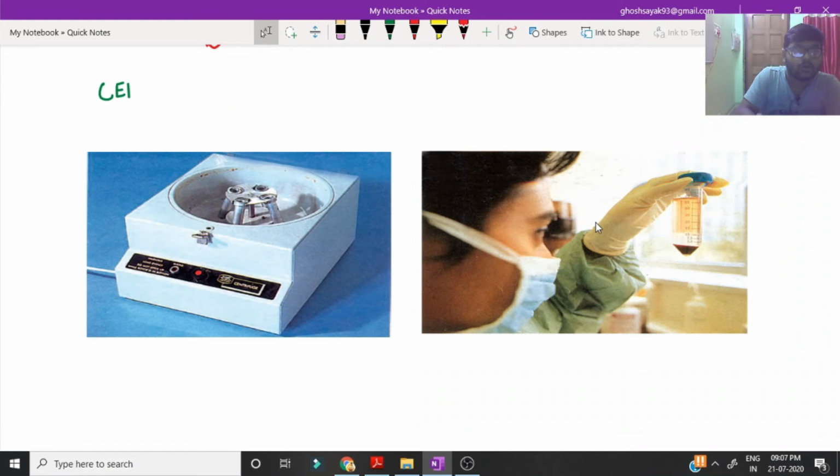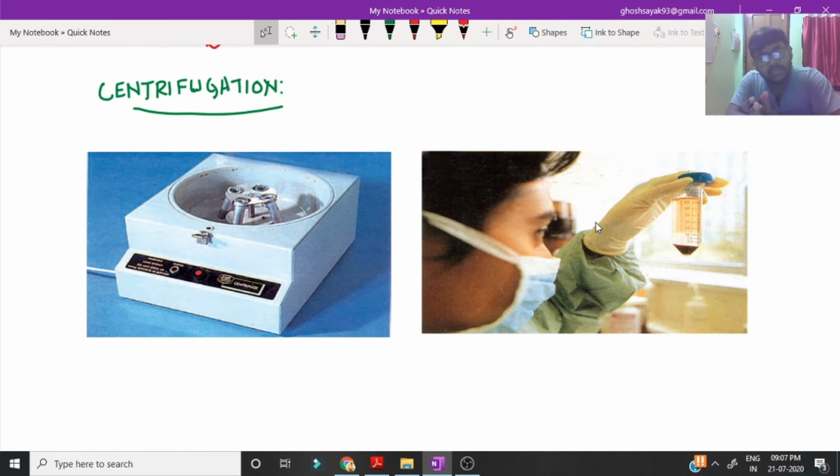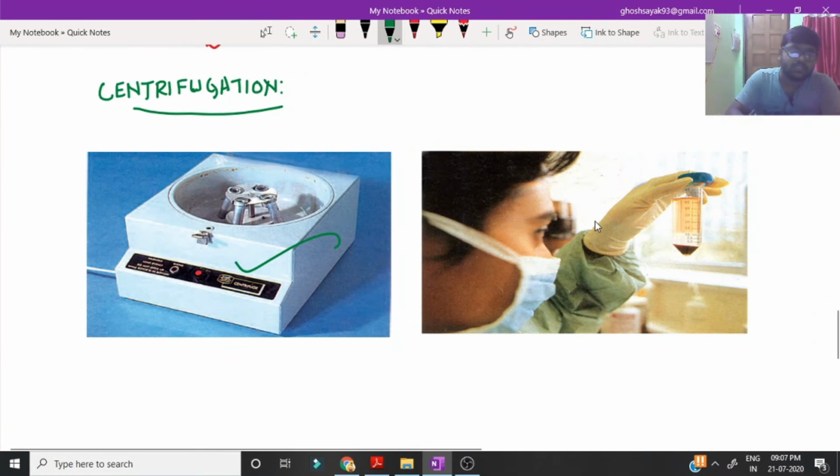The process of centrifugation. So we can use this particular technique. Suppose there is an apparatus, and this apparatus helps us to do the centrifugation.